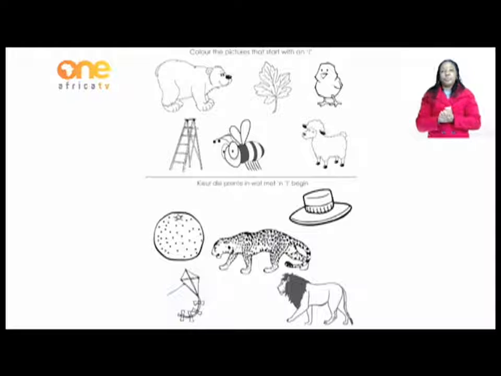Now look for the pictures and color in the pictures that start with letter L. I would like you to complete the activity on page 19 as you have been instructed.